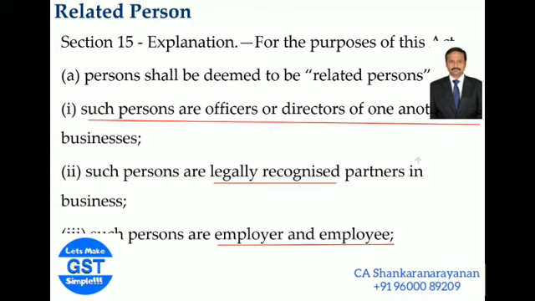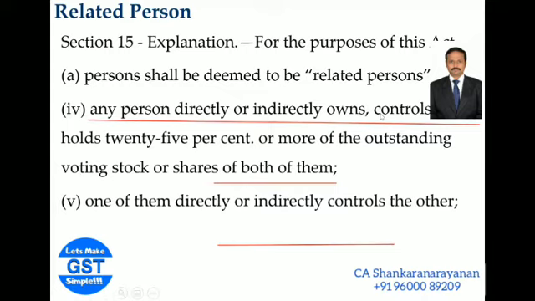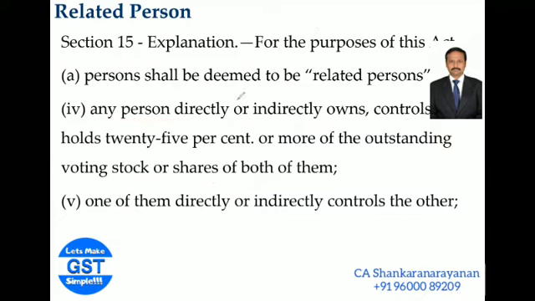Now, moving to the next aspect. What is the further definition of related person? The definition further goes on saying that persons shall be deemed to be related persons if any person directly or indirectly, the words borrowed from the income tax law, directly or indirectly owns or controls, the key percentage is 25%.